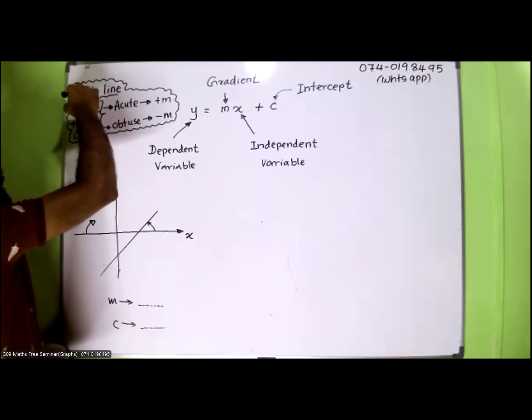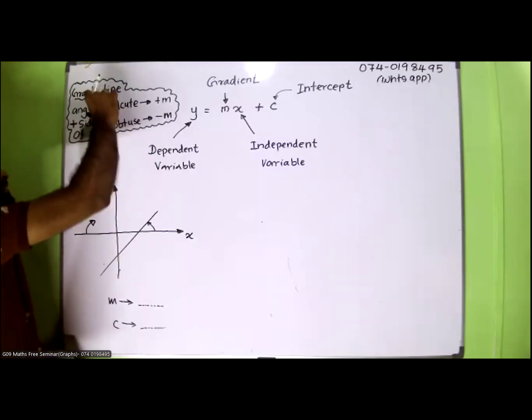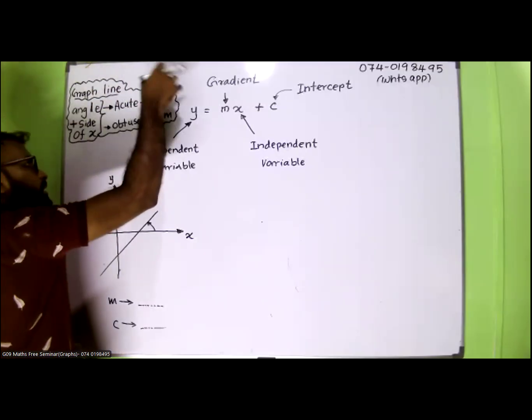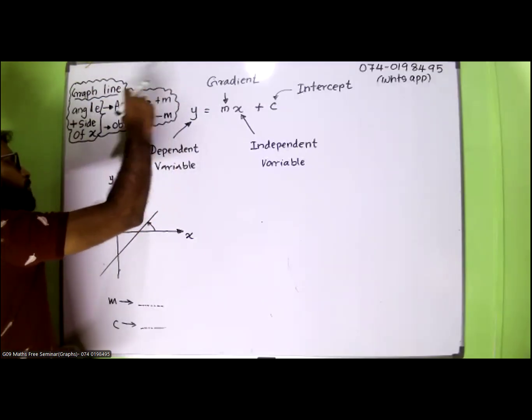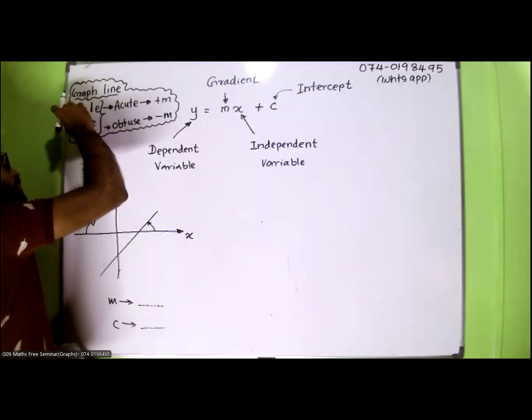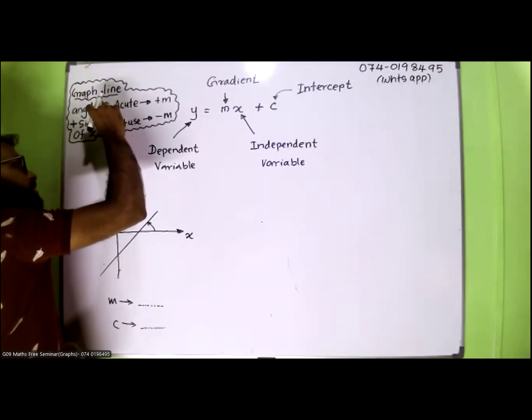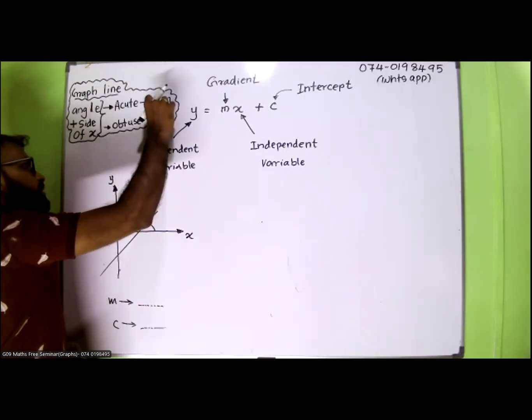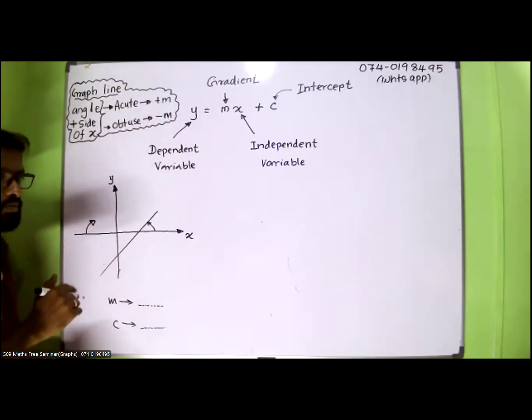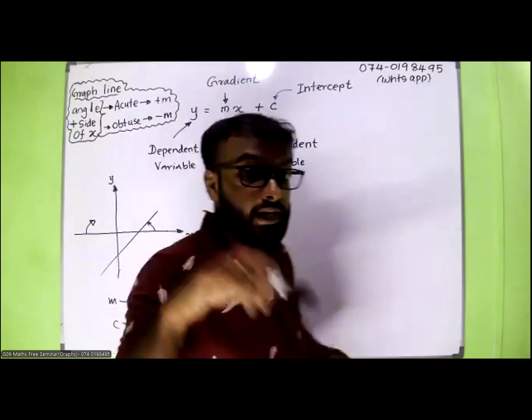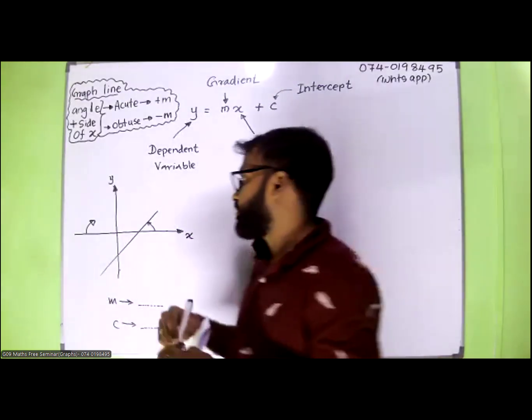If the angle of that graph line with the positive side of x is acute, then you have a positive gradient. If the angle with the positive side of x is obtuse, the gradient is negative.